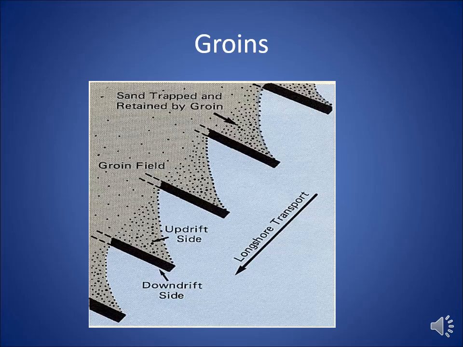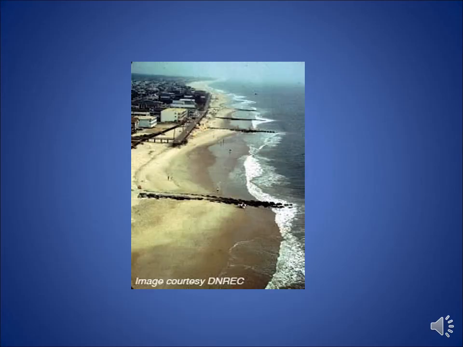So if we look at the next slide, you have an aerial view of what happens when you begin to build groins. And if you look, you can see that the updrift side is towards the bottom of the photograph, and so the longshore drift is flowing from the bottom towards the top, and so you can see that sand is trapped on the updrift or upcurrent side, and there's erosion on the downdrift or the downcurrent side.